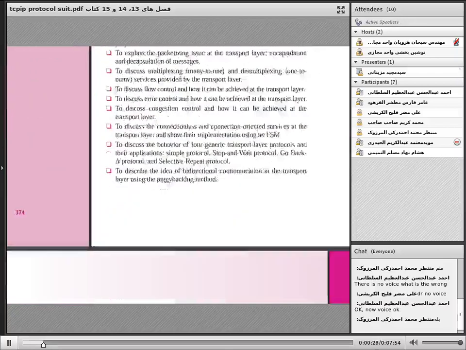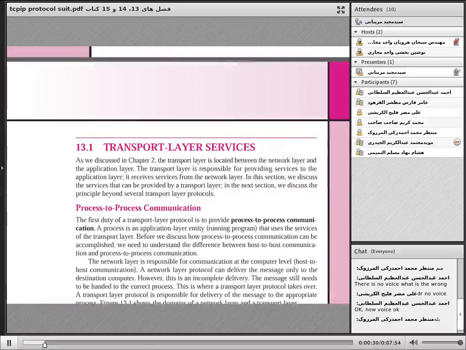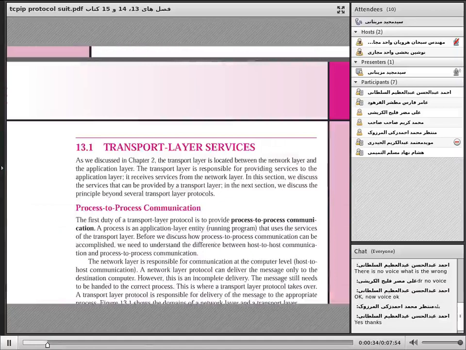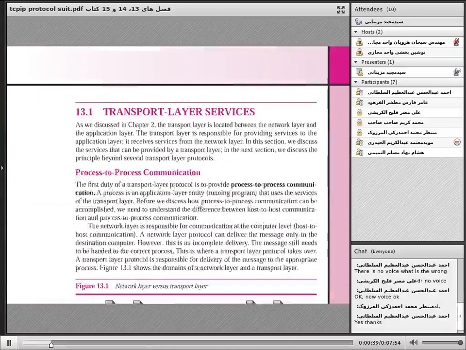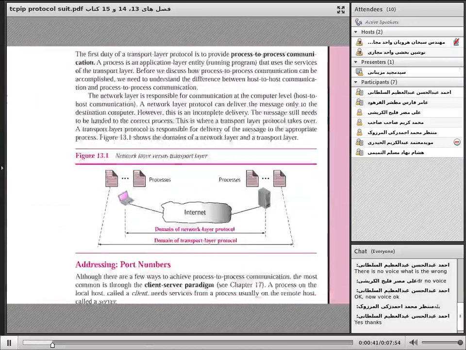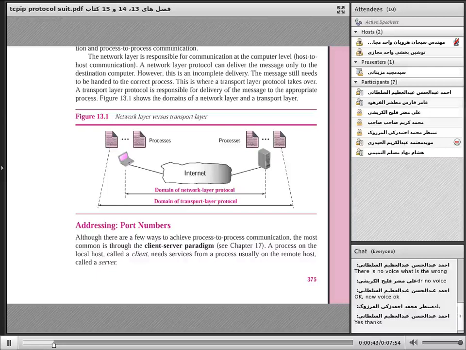And I told you about what process to process communication is. شکل رو براتون توضیح دادم. I told you about port numbers. در مورد شماره پورت ها براتون صحبت کردم.